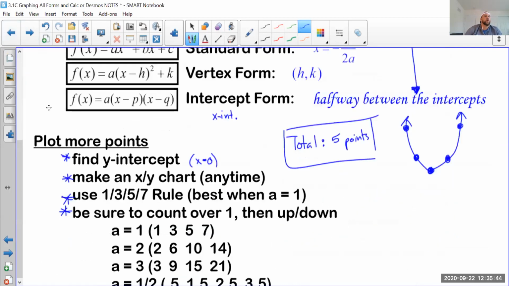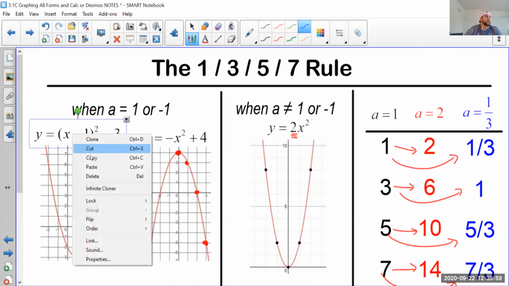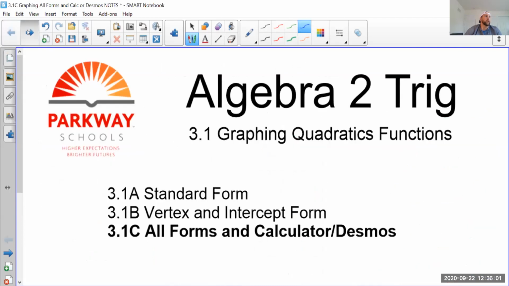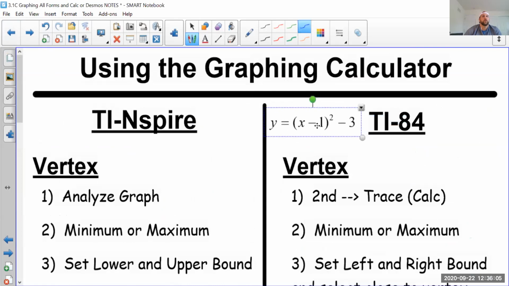Let's start with an easy one. Let's do this one right here. Yep, I like that one. So let's do this. We're going to practice this real quick by using this equation.